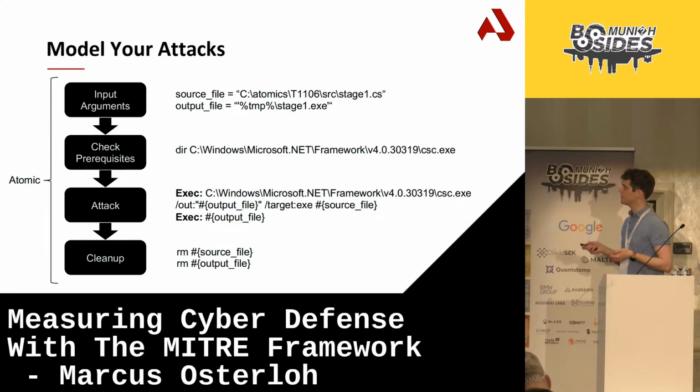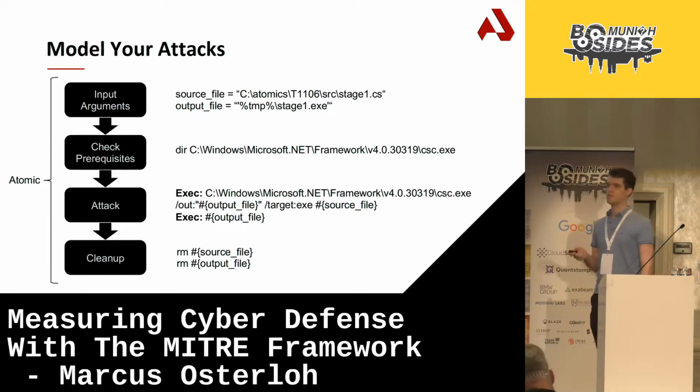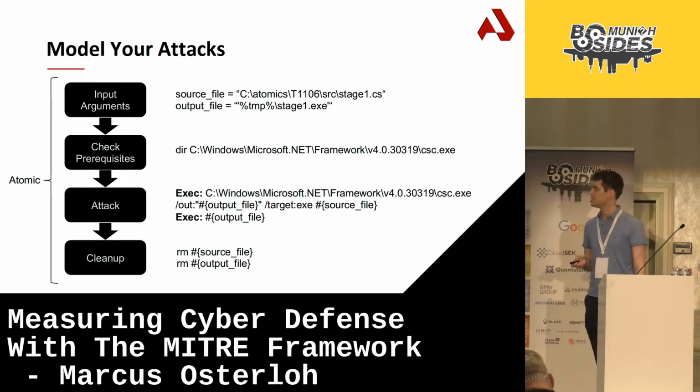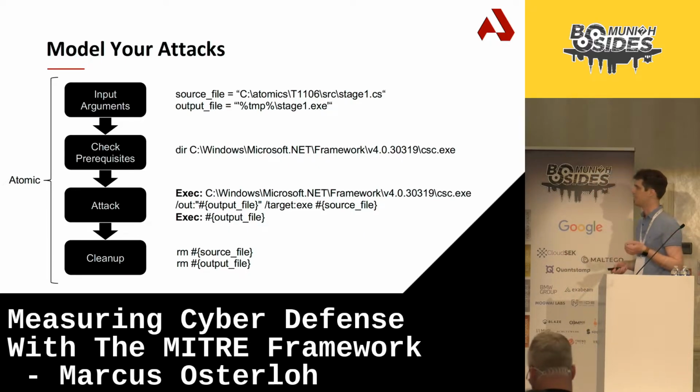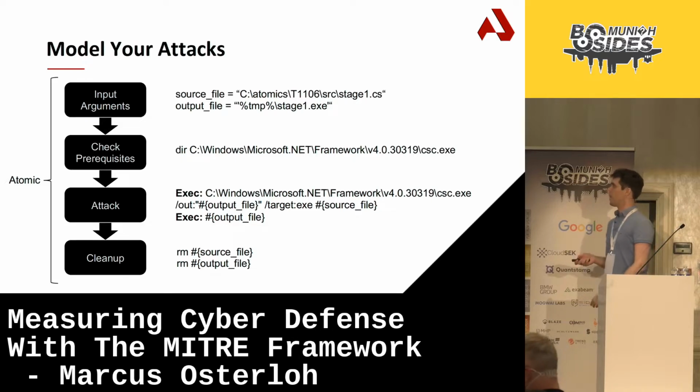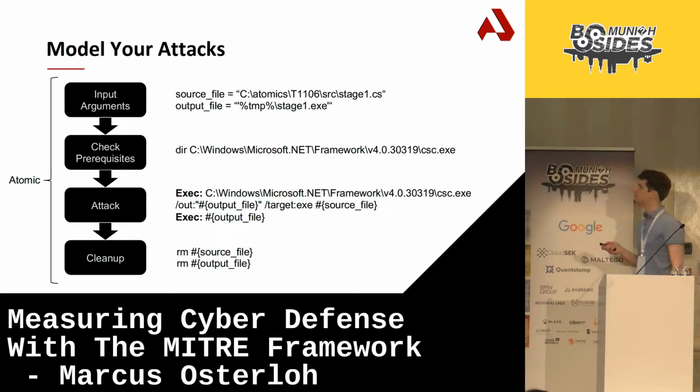You have different sections in an Atomic Red Team case. The first one is the input arguments. Imagine this like variables for a function. Then you have to check the prerequisites. Then you run the attack itself, and you clean up the system to return it to the previous state. Let's show this on a small example.